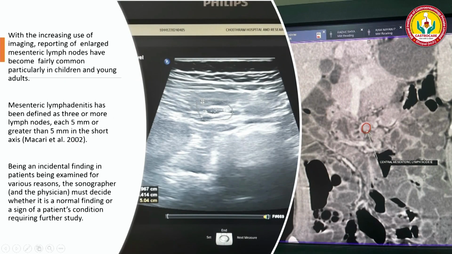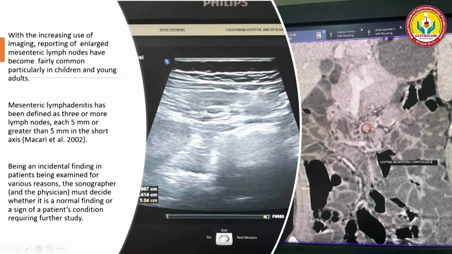So this is what is a mesenteric. This is what we most often see in our day-to-day practice: we go for a USG abdomen for any cause, for a pain in abdomen, for an abdominal discomfort, and sonologists report mesenteric adenitis or lymph node along the mesentery. Most of these lymph nodes are less than 5 millimeter. When they are greater than 5 millimeter in short axis, we call them significant.